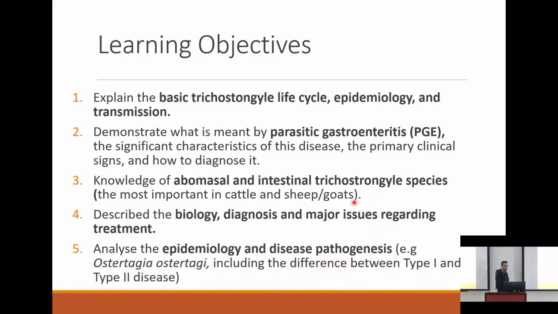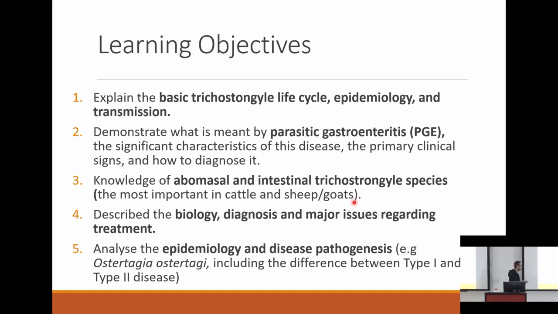The learning outcome for this Trichostrongyle nematode parasite of the abomasum: you will get a basic understanding of the life cycle, epidemiology, or transmission of these parasites, and you will demonstrate parasitic gastroenteritis. This is PGE, a complex of one or two parasites together.